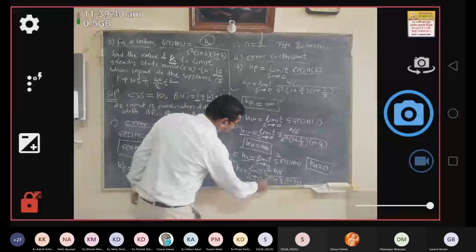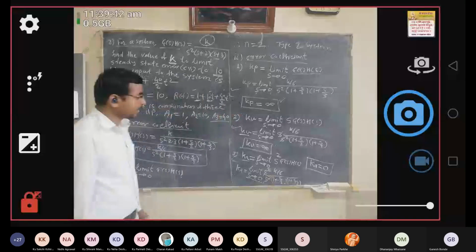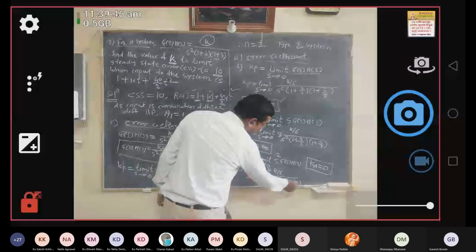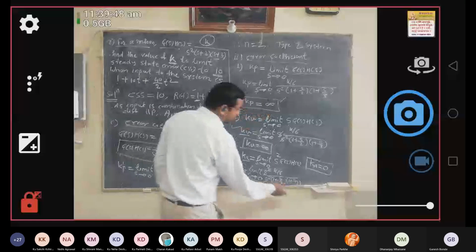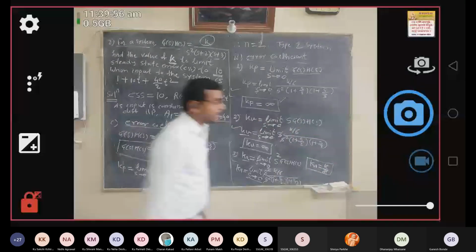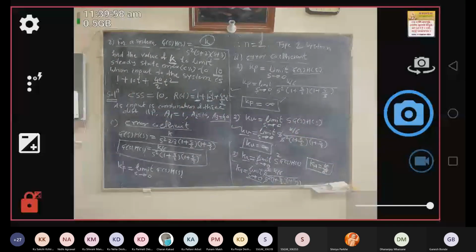So this s square gets cancelled, and when we substitute s equal to 0, this term gets 0, this term gets 0. So here we are getting simply, what is the value? It could be K by 6. So Ka equal to K by 6.